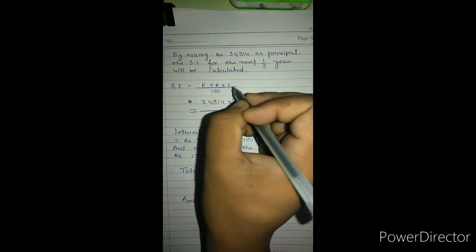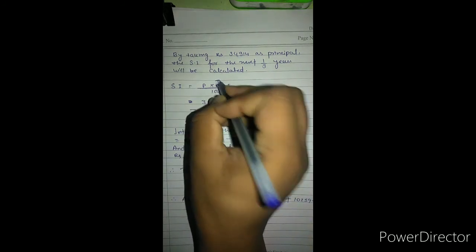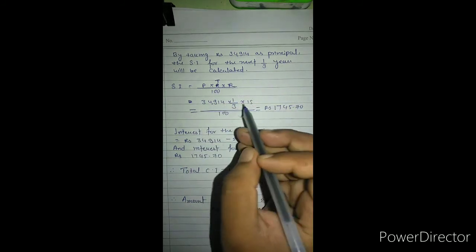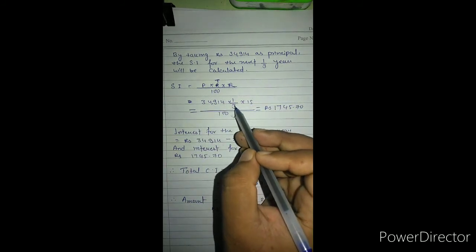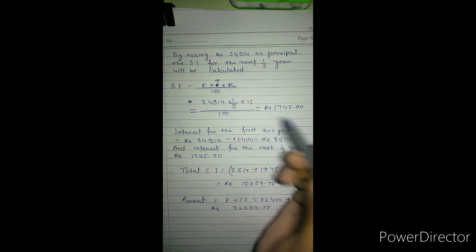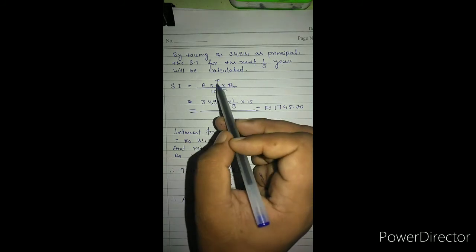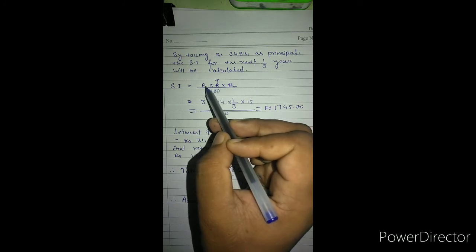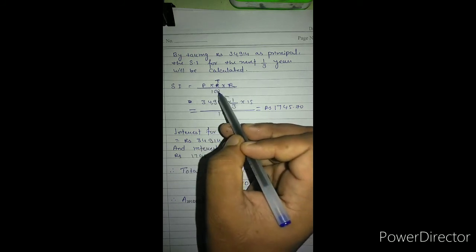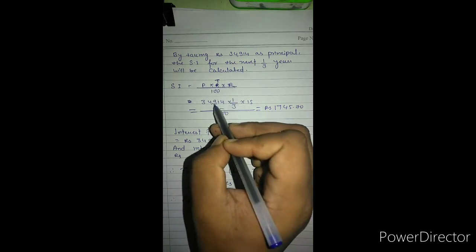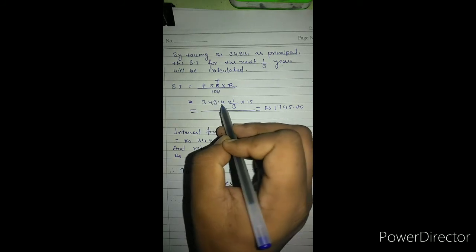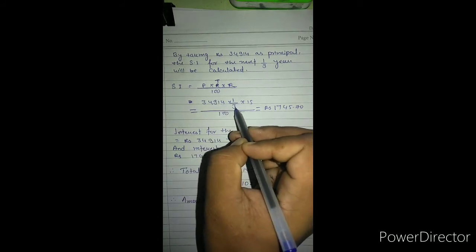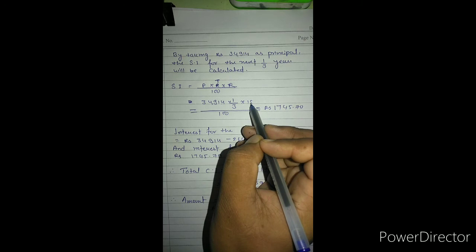We can write here first T then R, because I have written here first the time then the rate. We can change it because it is multiplication. So P into T into R by 100. P is 34,914, time is 1 by 3 years, and rate is 15%.